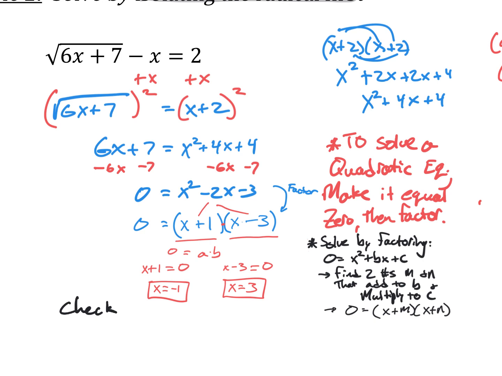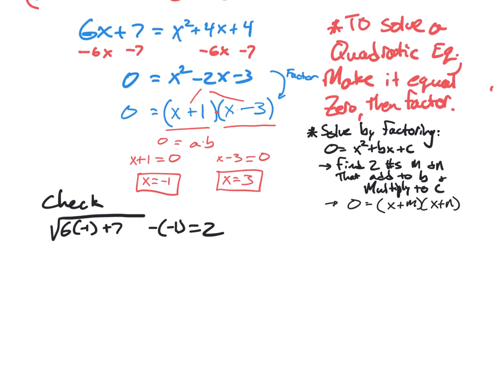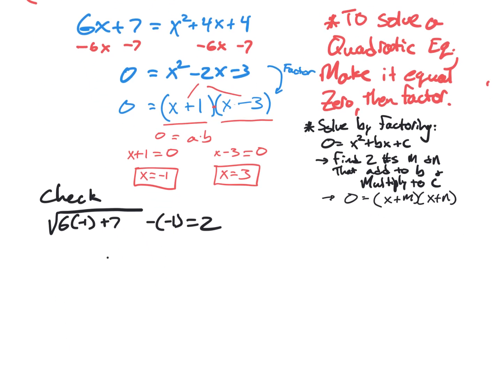Okay, and so we have the square root of 6 times -1 plus 7 minus -1 equals 2. Just plugged -1 in for all the x's up here. Let's work that out and see if that comes out to be what we want it to be.